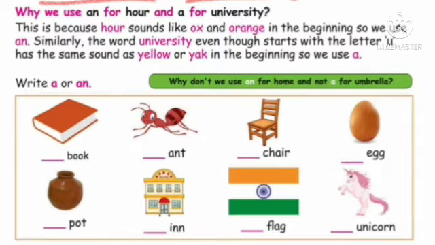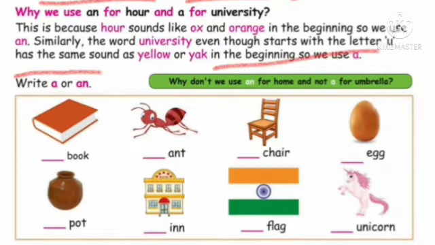As I explained before, this is because or sounds like ox, orange, apple in the beginning, so we use an. Similarly, the word university, even though it starts with the letter U, has the same sound as yellow, ya sound. U is producing ya sound, like yellow, yak in the beginning, so we use a.